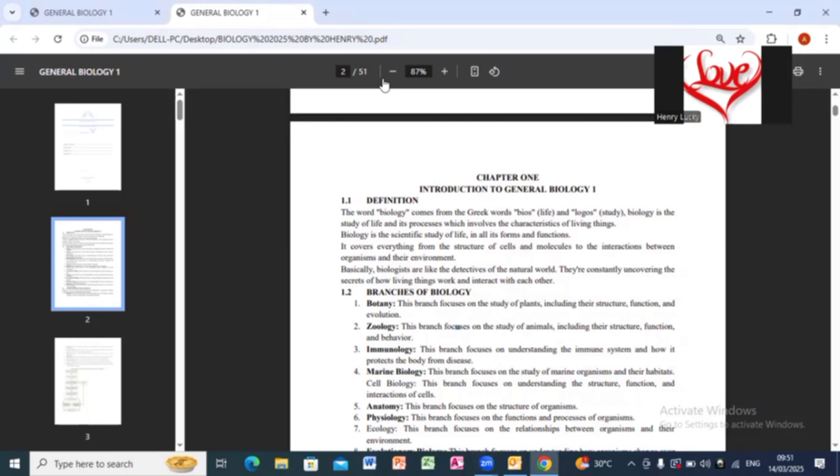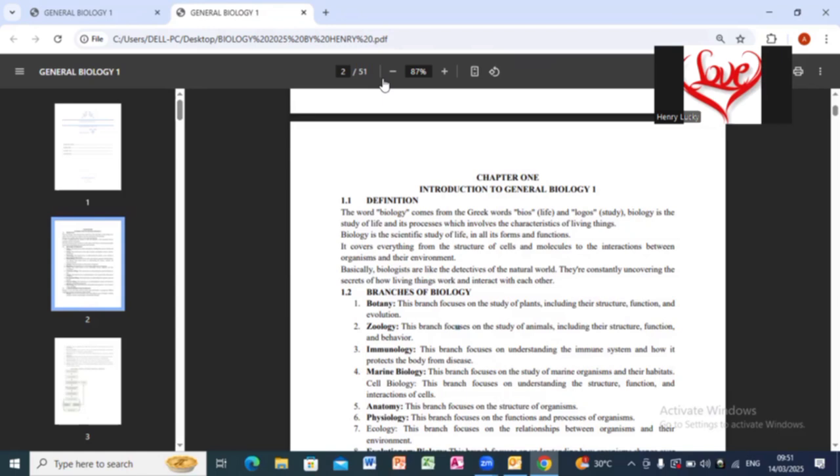When we talk about the characteristics of living things, we are simply talking about what life is entailed or what life is all about. Organisms that have life in them, what they do, what they possess.